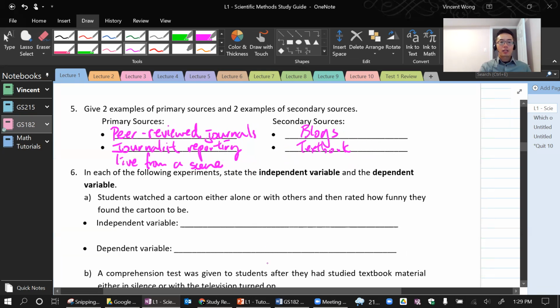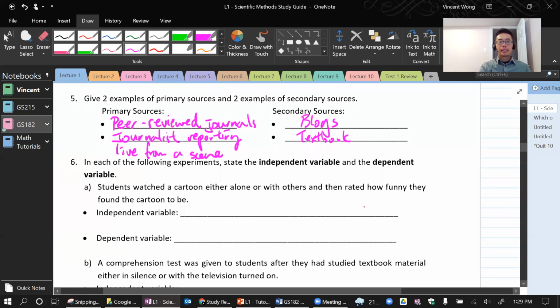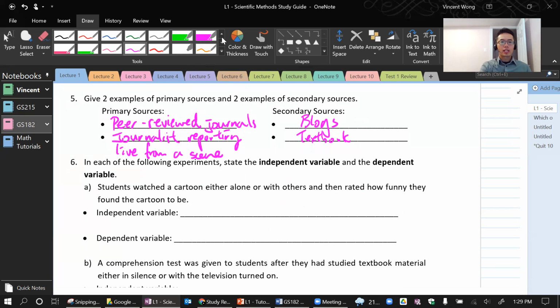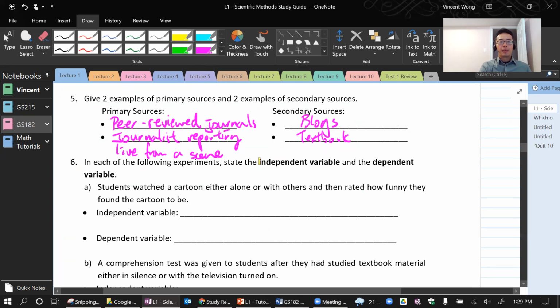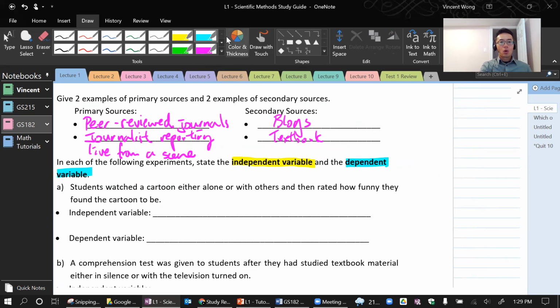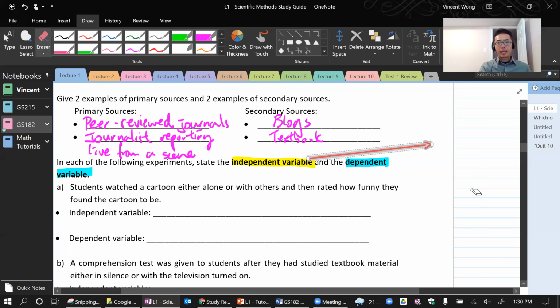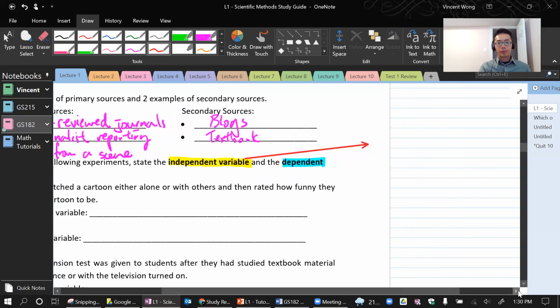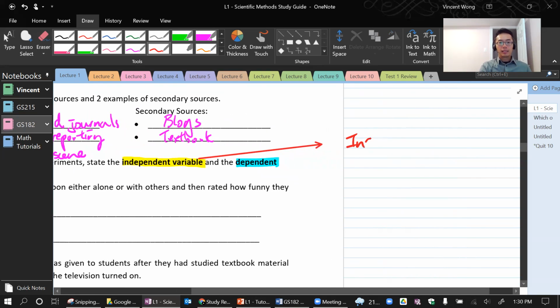Now, this next part I actually already did in the lecture recording, so I'm not going to repeat it, but I will explain the difference between independent and dependent variable one more time. Okay. So for the independent variable, I'll do it right here. Independent.